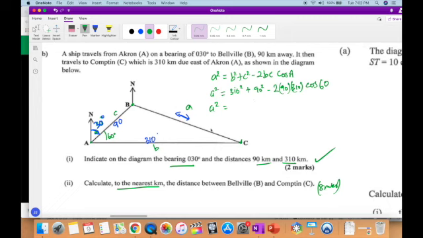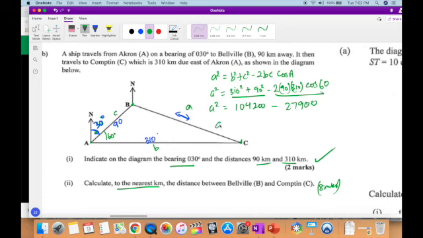These two added together is 104,200, minus 2 times 90 times 310, which is 55,800, multiplied by the cos of 60, which is 27,900.